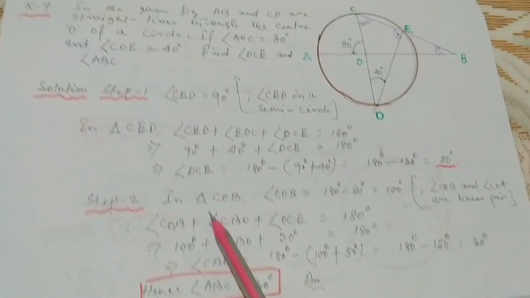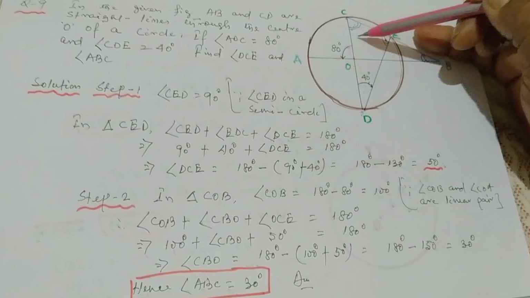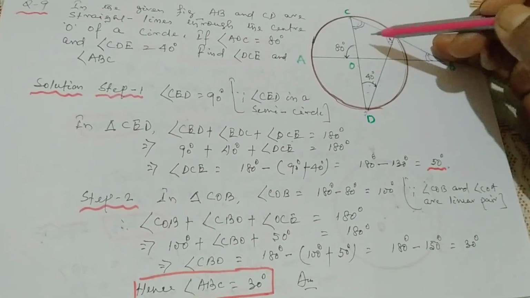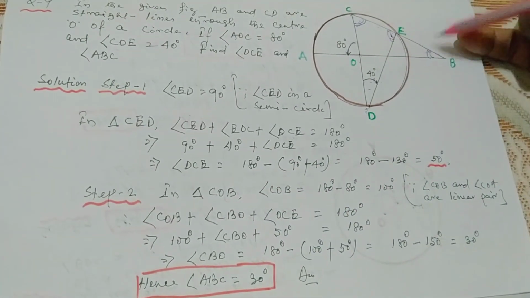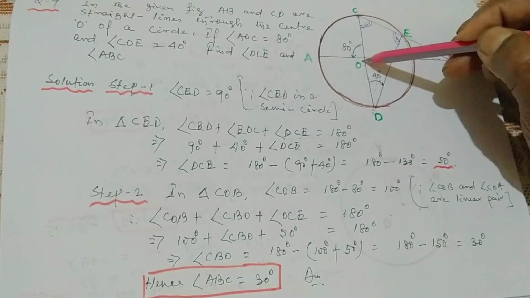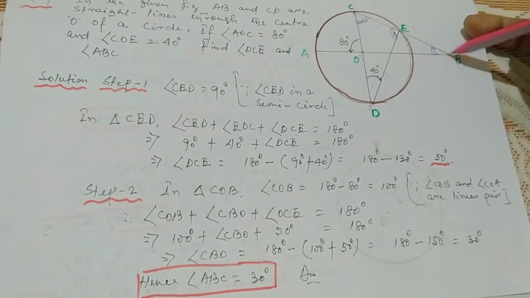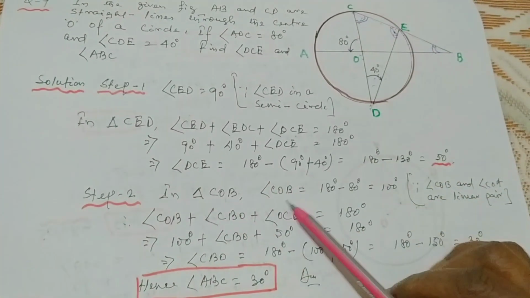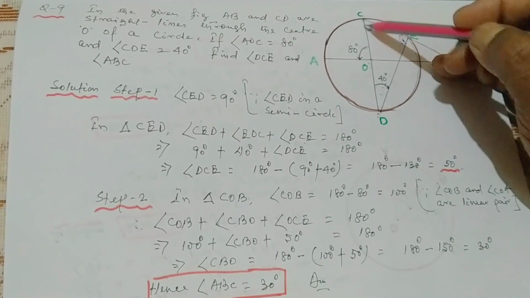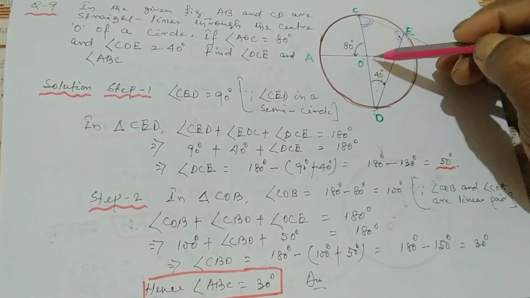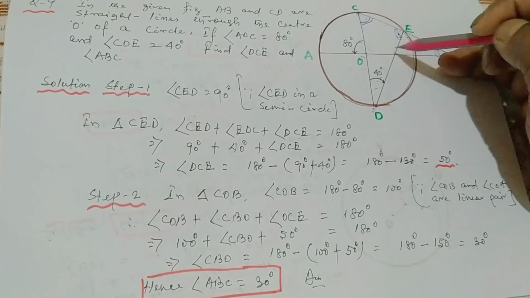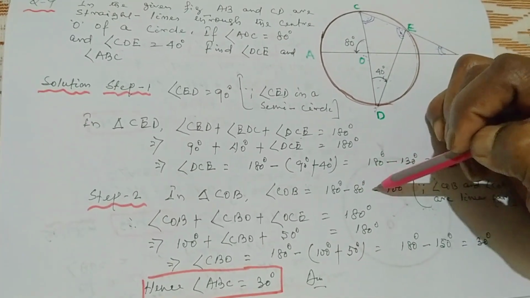Step 2, in triangle COB, angle COB is equal to 180 minus 80 degree.